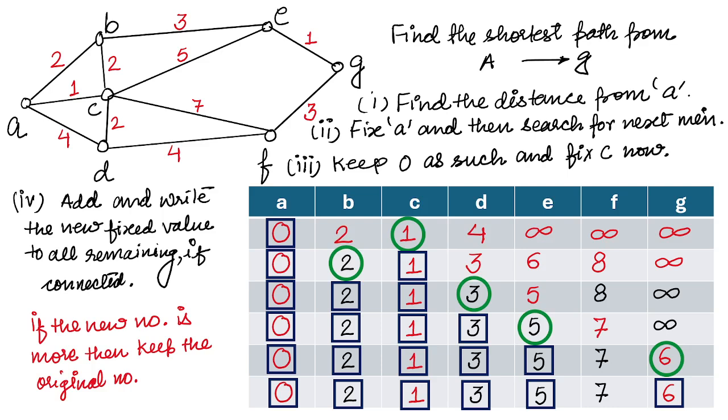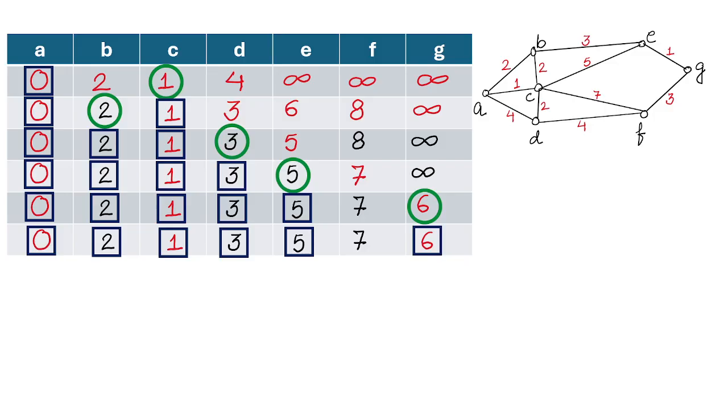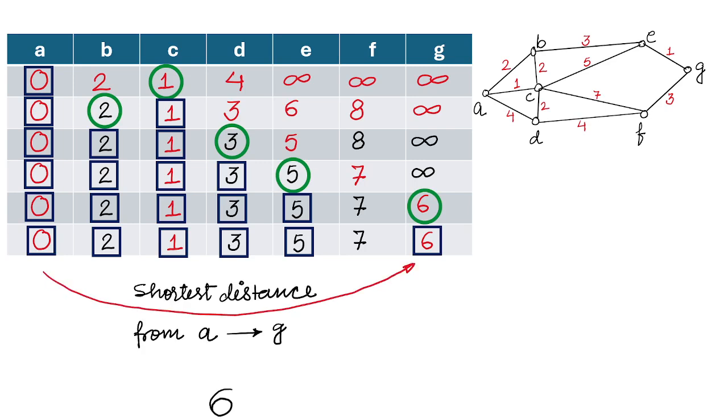Now the question is, what is the shortest distance to reach G from A? It is 6. Once you got this number, then you have to search for that particular path which is giving you this particular number 6. So now tell me, the shortest distance is 6. So what is that path?